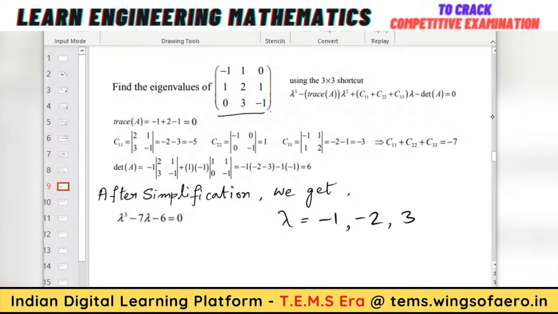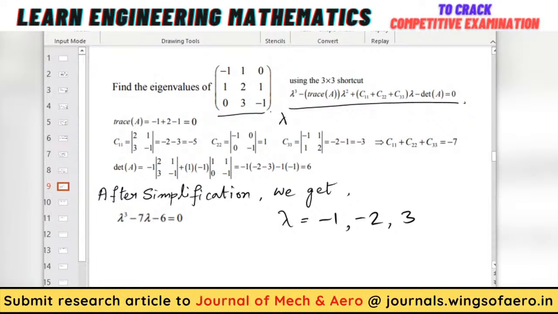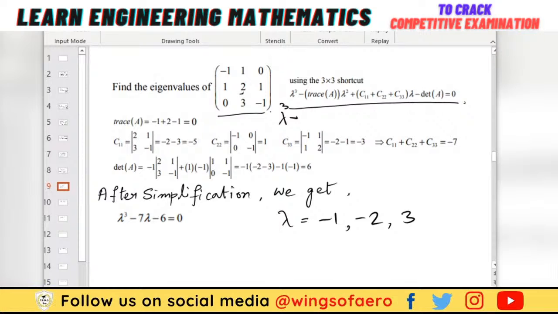Okay, the formula is this: lambda cube minus trace of A lambda square. So lambda cube minus trace, which means 2 plus minus 1, so 2 minus 2, it is 0, isn't it?